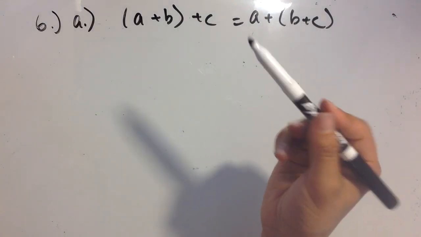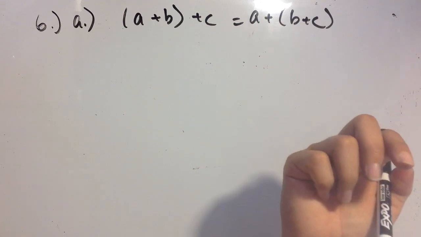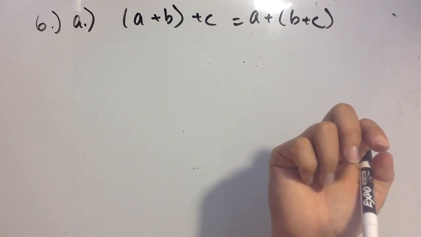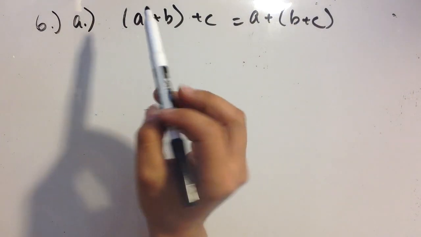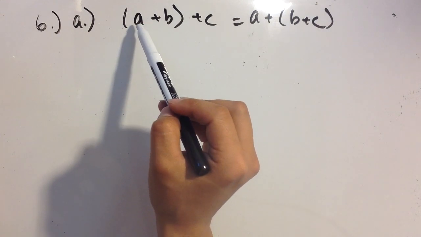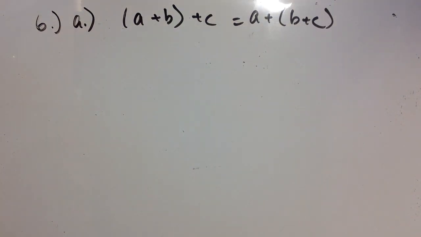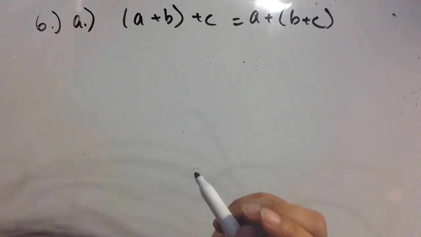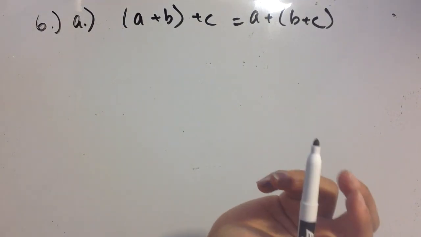In this problem, we are asked to prove that the associative law holds for complex numbers. So what they want us to do is to use the fact that real numbers are associative to show associativity for complex numbers.